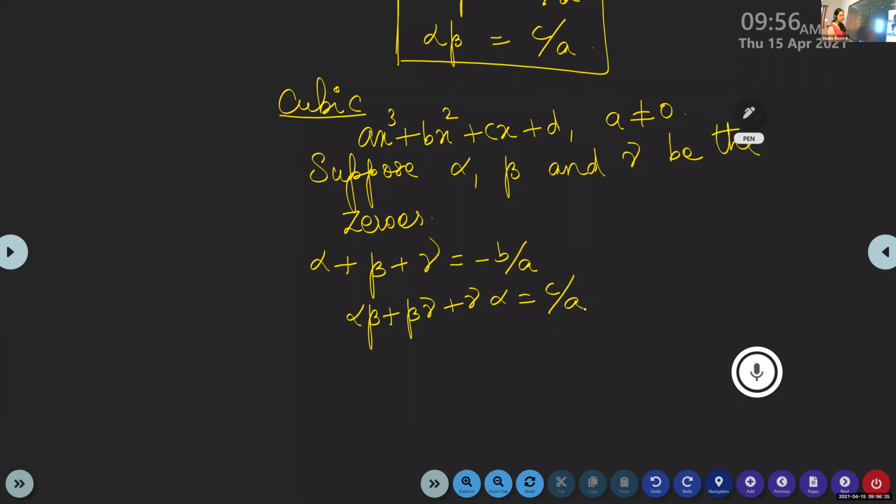What about the third one? What's the third relation? Can you give the third relation?